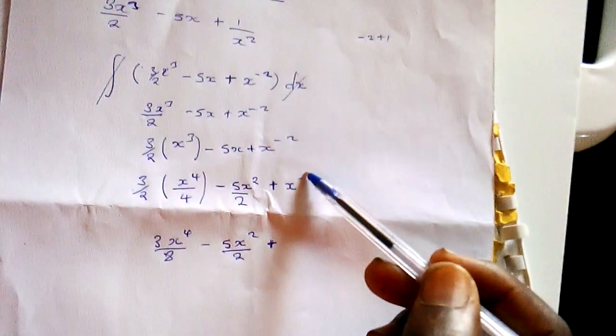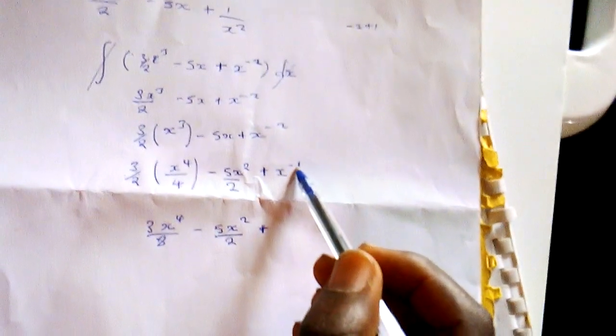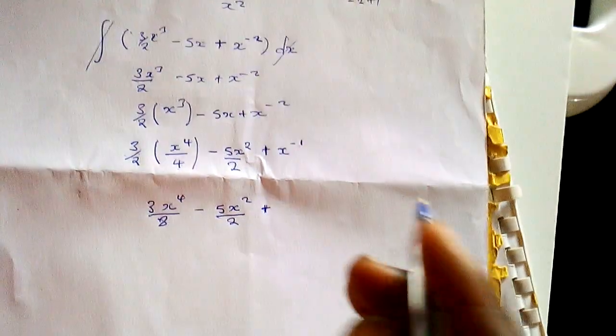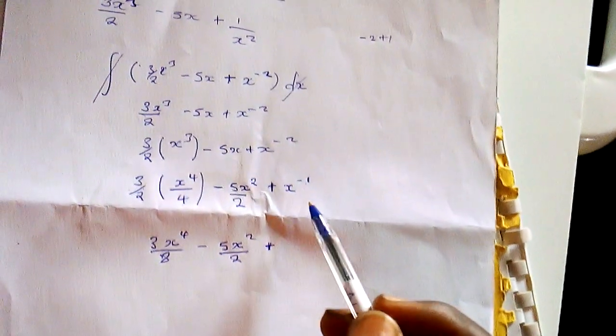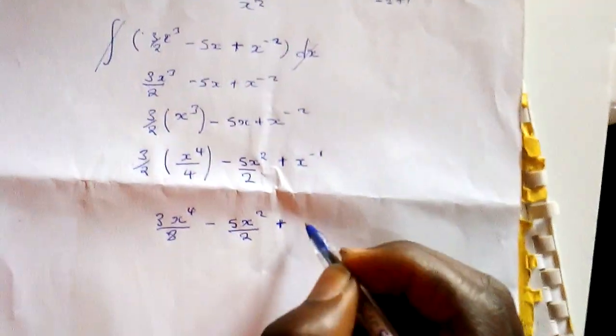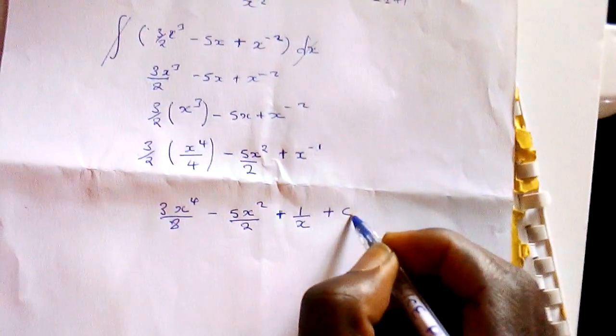We have a negative power, and we can't leave it as a negative power. So we are going to express it in fraction form, which becomes 1 over x. Then we add plus c there.